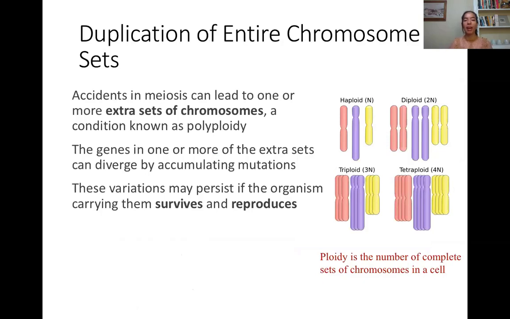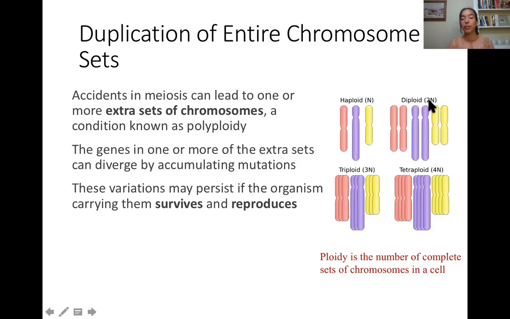We could also have duplications of entire chromosomes, not only part of the chromosomes as I have explained, but the whole chromosome sets can be duplicated. And that usually happens in polyploids. So polyploid species are species that have an extra set of chromosomes. We have said that in haploid condition, we'll have 1 set.